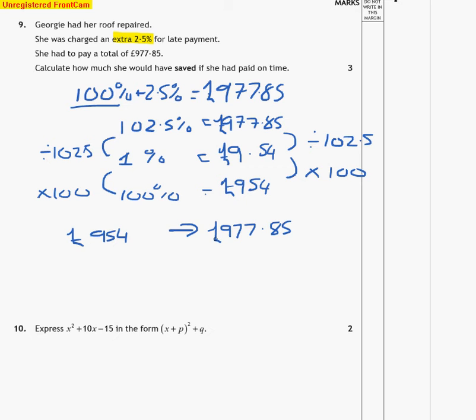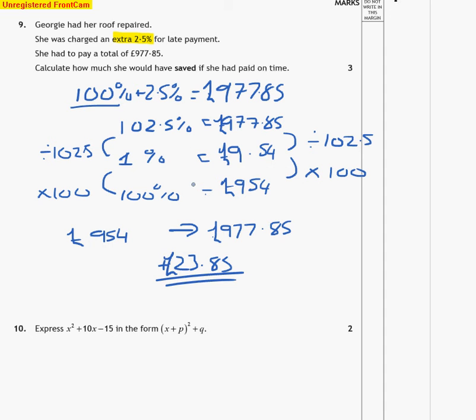So how have we got from here to here? Well, she paid an extra 23.85. That would be the difference. You could put a little sentence to put it into English: she paid an extra 23.85. But the point is to remember there's an extra step in there.